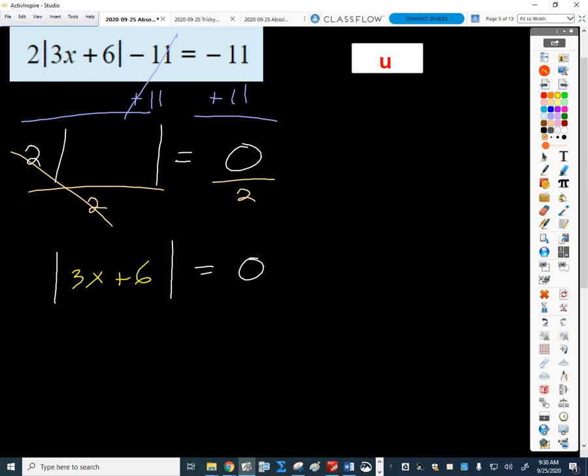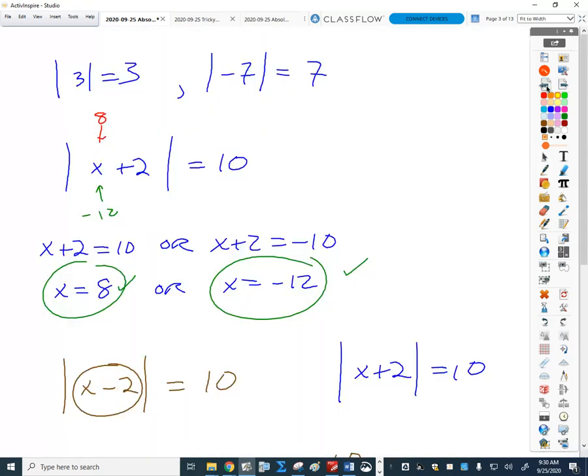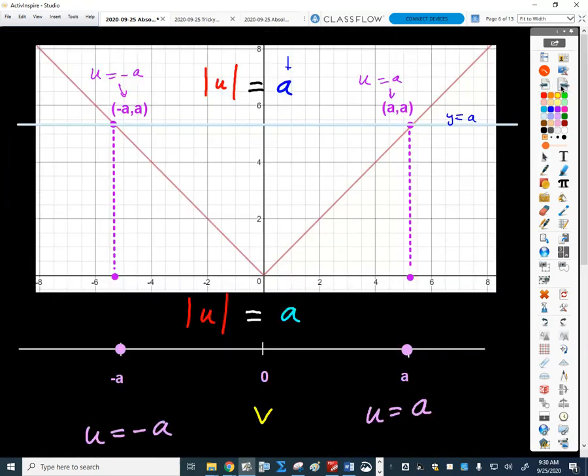Now, normally we would say, whatever's inside, the 3x plus 6, has to equal the positive number outside or it equals the negative number. But 0 is the one number that has no opposite, right? The opposite of 0 is 0. So in this case, we only get one equation instead of 2, right? Now, this would be the case if we look back at our graph we had, actually right there. Look at the difference here.